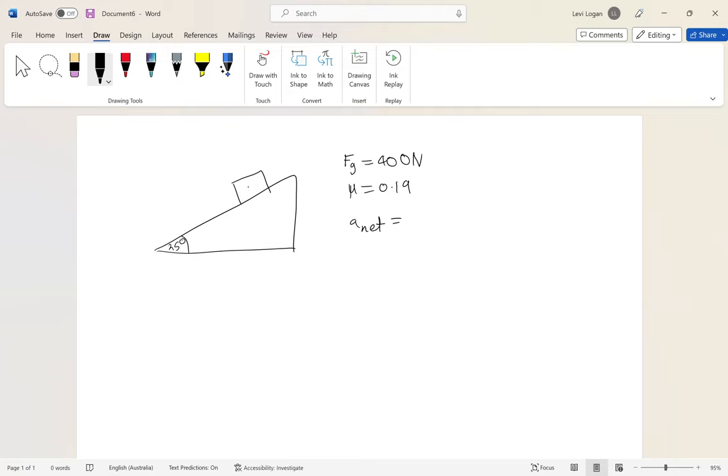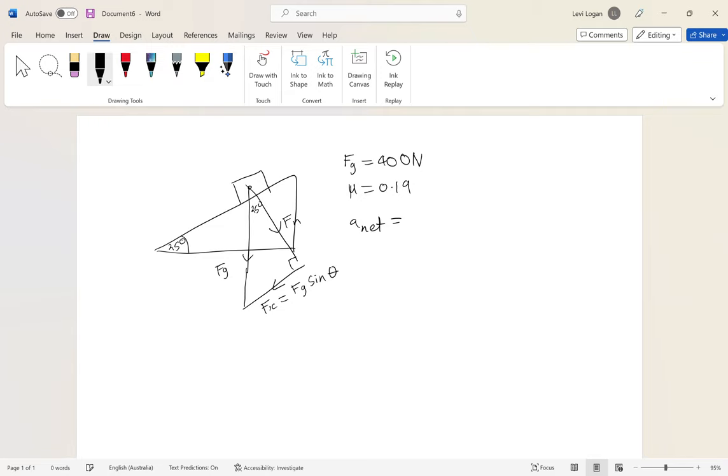Alright, so we'll draw in our components. We have Fg, the force of gravity going straight down, and we have its vector components. F of G is the hypotenuse of this triangle in here, with F of x, F of n, and 25 degrees here. So F of x is equal to F of G sine theta.